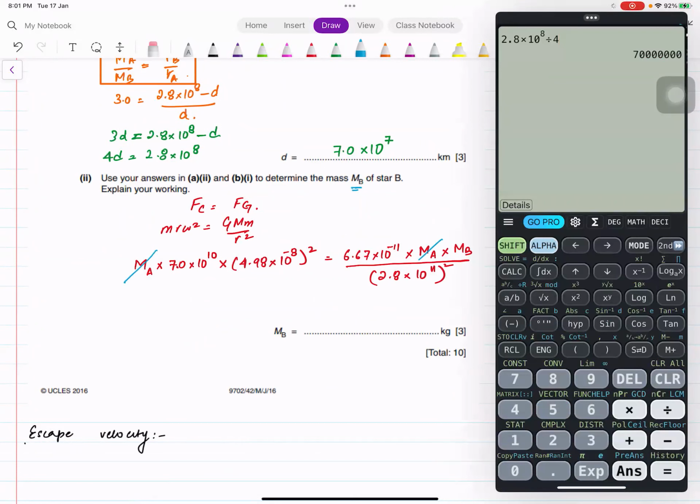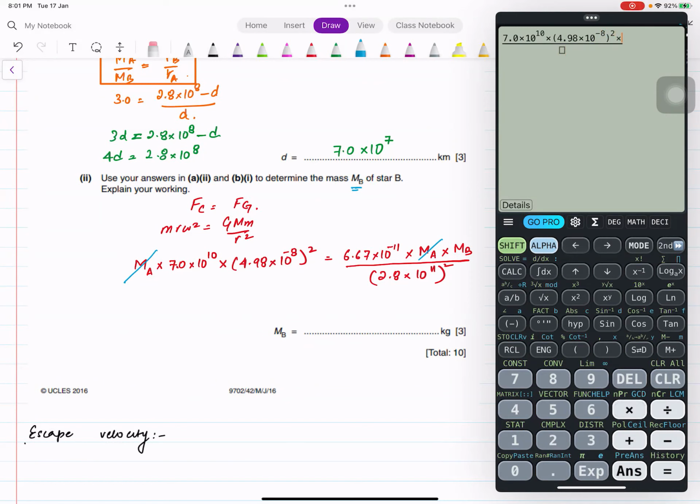Let's do this. So what I'm going to do is 7.0 times 10 raised to power 10, multiplied by 4.98 times 10 raised to power minus 8, and whole squared. Anything else multiplied? Yes, there is one. I have to go back.